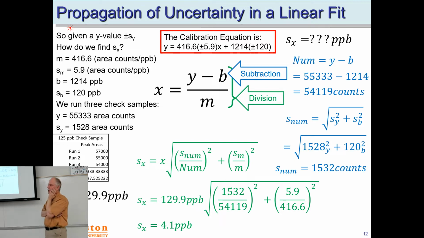Let me make a note that I could put up a short video on the ANOVA step, because that's really critical. You need to know the uncertainties in M and the uncertainty in B. Now for the exam, you'll be given those. So I'll give you the equation for the line, like up in the red box. If you're given that equation with the plus or minus for each of those, you should be able to do this. But on your own, I want you to know how to do it in Excel.